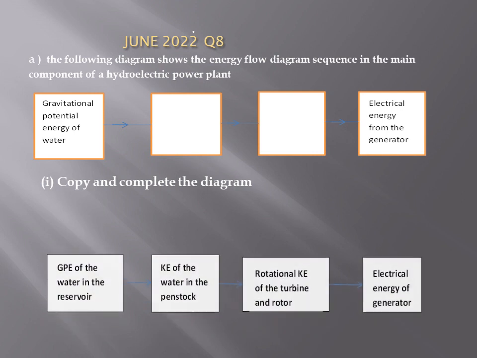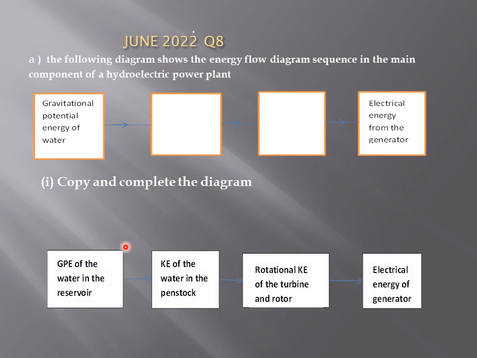What do we have as the answer? This is the answer. The gravitational potential energy of the water in the reservoir is converted to kinetic energy of water as it runs down the penstock. Then when it enters the turbine, it is converted to rotational kinetic energy of the turbine and the rotor.